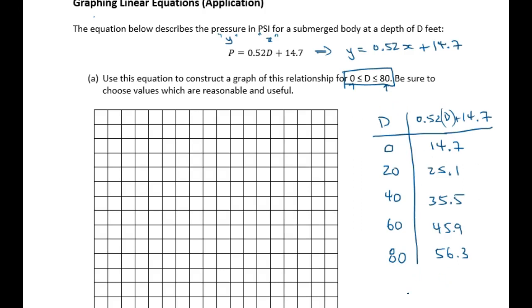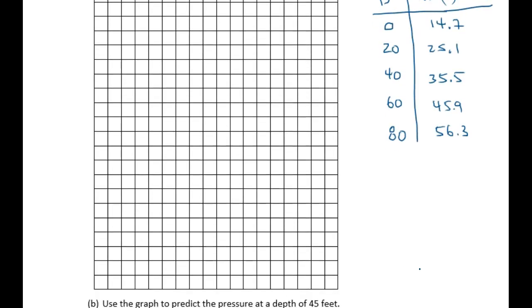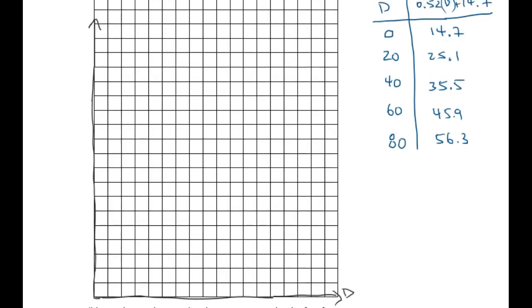I want to actually graph these ordered pairs on my graph. Notice we don't have any negatives, so I am actually going to make the bottom value my D. I have no negative values. So I'll just make my line down here, my D axis, and I will make my line along here my pressure, my pounds per square inch.